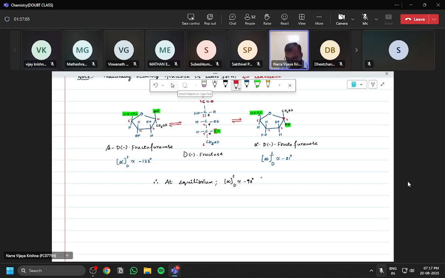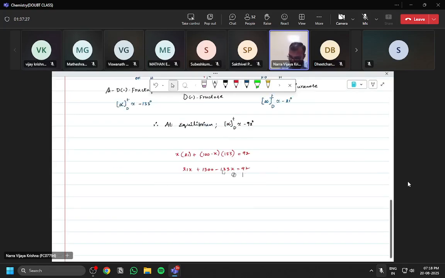Let me assume this as x. X into 21, then this will be 100 minus x into 133. Net value must be equal to 92. So 21x plus 1300 minus 133x is equal to 92. So bring this to this side. So 133 minus 21, 112.